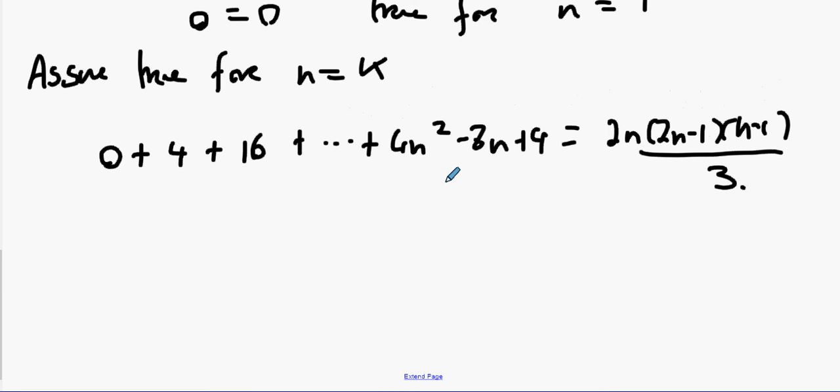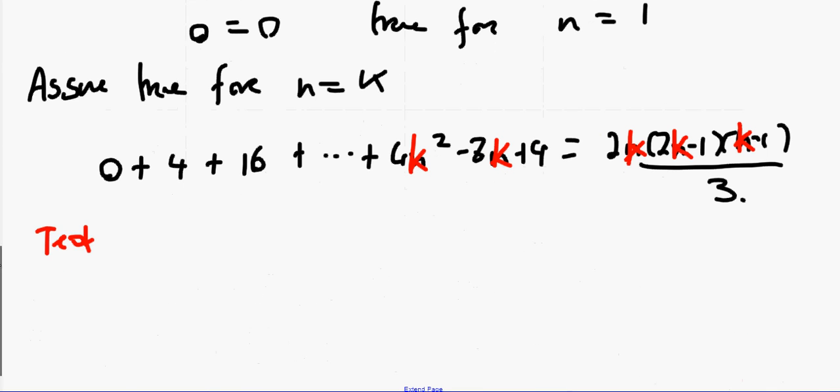So that's k, k, k, k, and k. So assume true for n equals k. Now, next one: prove true for n equals k plus 1.